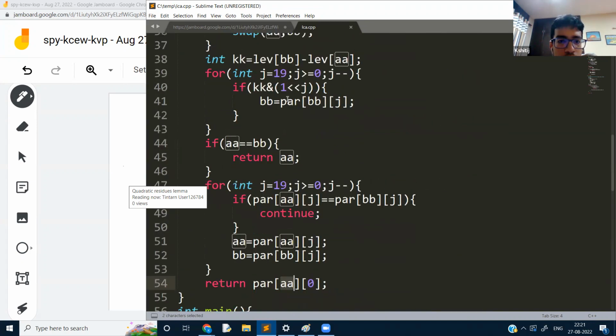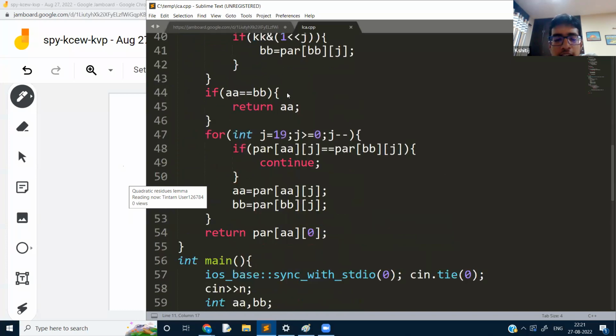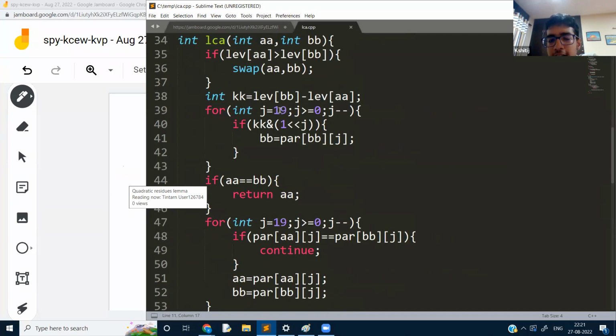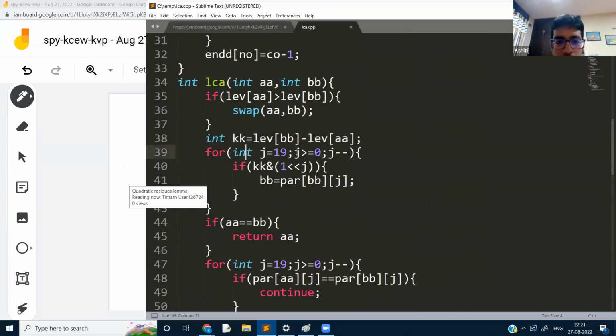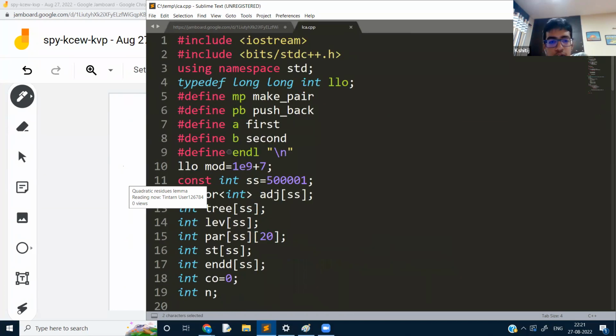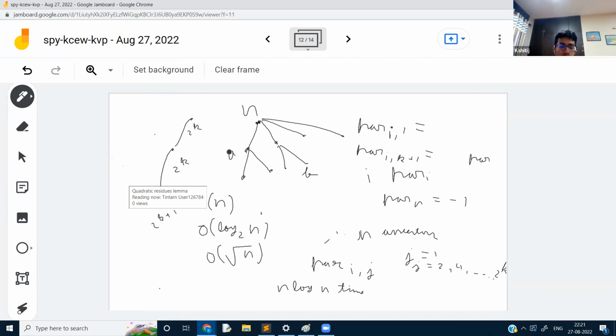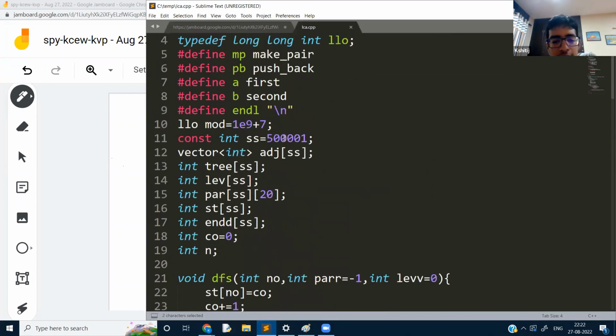If you can see, this code is written for n up to 5 lakh, and you can see that 2 to the power 20, which is more than 1 million, satisfies the problem. So we are essentially doing 20 iterations of this, 20 of this. This is log n. This is very efficient. And this way we can calculate the values very fast.